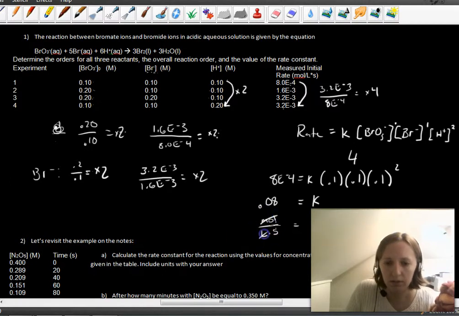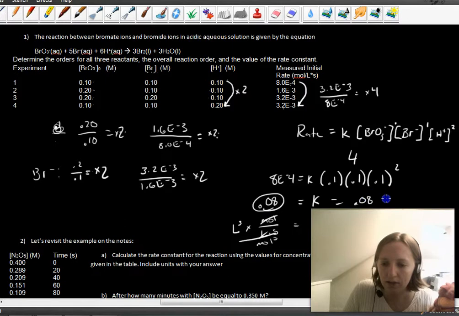So this one will cancel this one, and these you'll have to multiply by L. So that's times L cubed, and that's divided by moles cubed. So that's going to be 0.08 moles negative 3 liters third power and seconds negative 1.